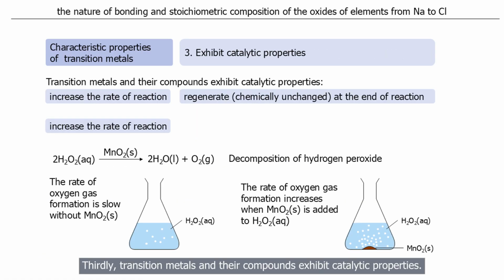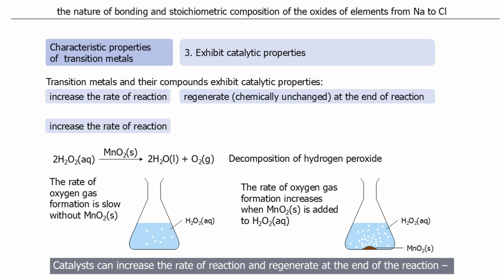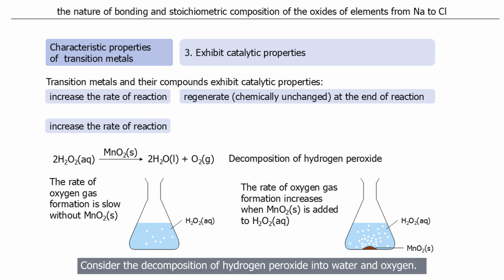Thirdly, transition metals and their compounds exhibit catalytic properties. Catalysts can increase the rate of reaction and regenerate at the end of the reaction. These 2 properties of catalysts can be illustrated by the following examples. Consider the decomposition of hydrogen peroxide into water and oxygen.